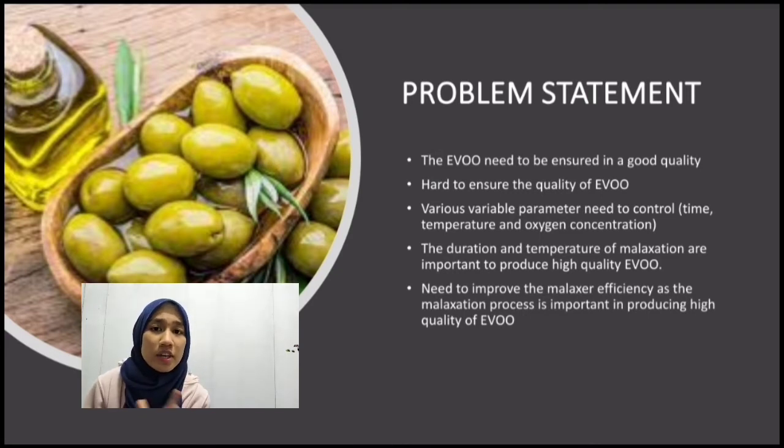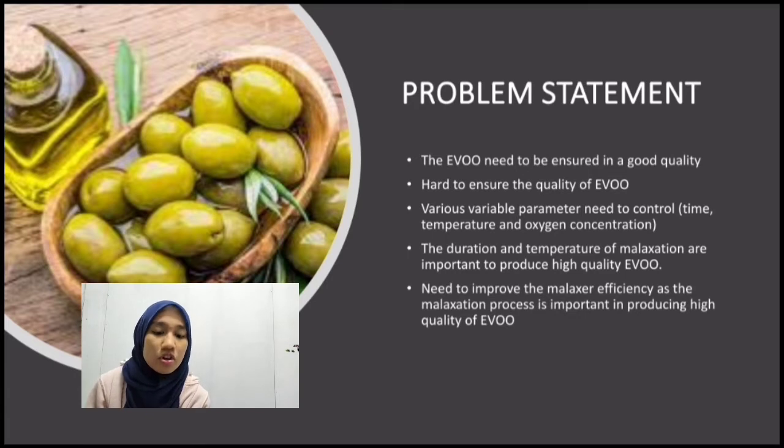The product needs to be ensured in good quality. So the problem is it is hard to ensure the quality of EVO as there are many variable parameters that need to be controlled, such as time, temperature, and oxygen concentration in the malaxer itself.